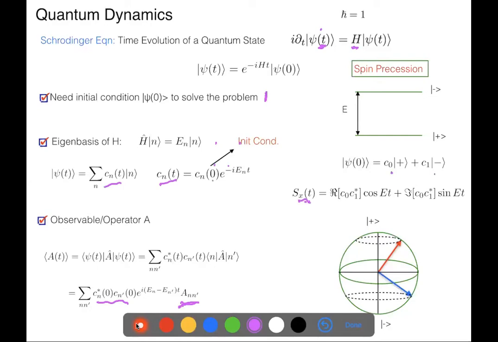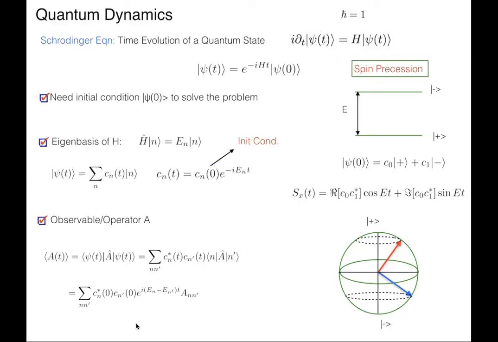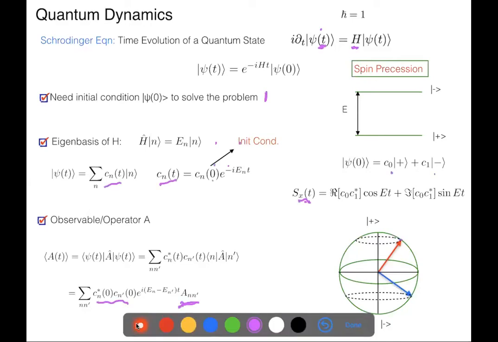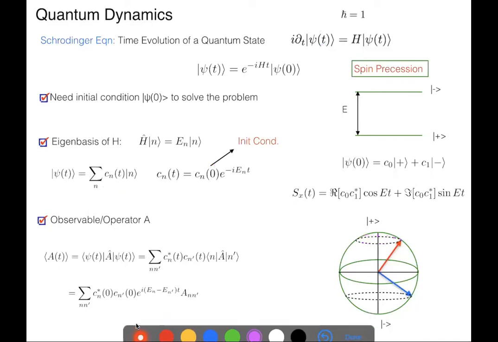So what you will see is essentially spin precession: if the spin starts from somewhere here, it will basically go like that and keep on moving like that. So the C0 and the C1 of t will keep on evolving. However, I have drawn two pictures, one with the red arrow and one with the blue arrow, which denote two different initial conditions.